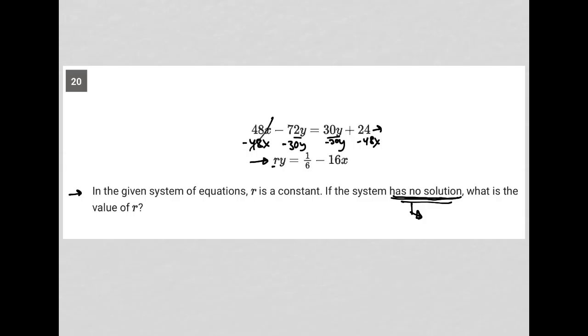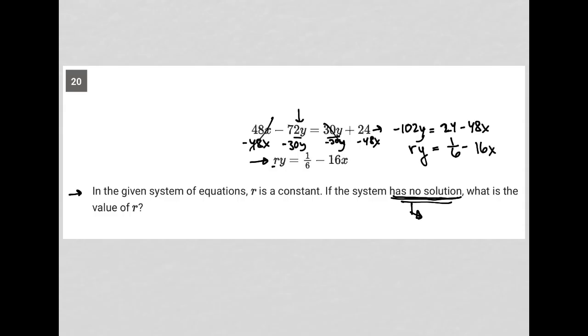So my first equation looks like this. I'd have a negative 102y that comes from here. This is gone. Plus 24, equals 24 minus 48x, which now matches the structure of the second equation, this ry equals 1/6 minus 16x. Okay, so that's my first step.